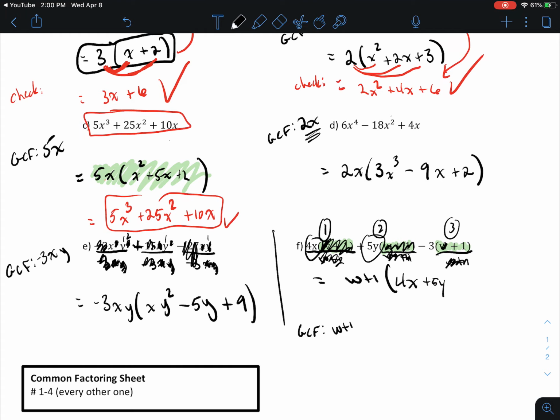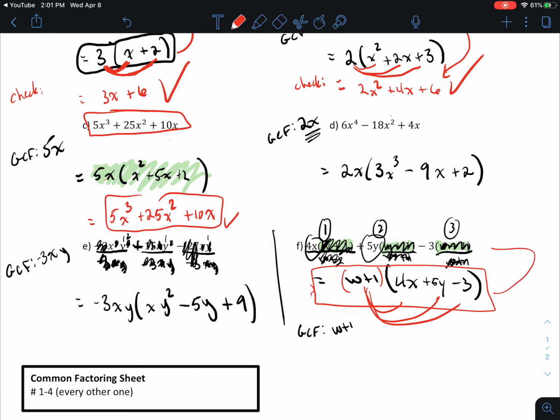I'm left with 5y. w plus 1 cancels with w plus 1, minus 3. So this is your final answer. And if you were to check this, if this was in a bracket, you'd get this into all three, would give you this back again.